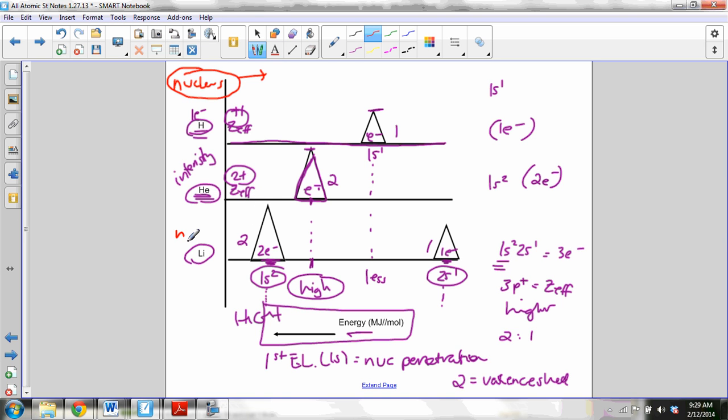Here's the nucleus over here, right here. The first energy level is here. There's our first shell. And then the second energy level is here. That's our second shell. So it's pretending like this is representing an atom, and then you'll realize that the closer it is to the nucleus, this positive charge over here, the higher the energy requirement to remove that electron. All right, so this looks like a big mess right now, but if you need to go back and write this down with me, that would be great.